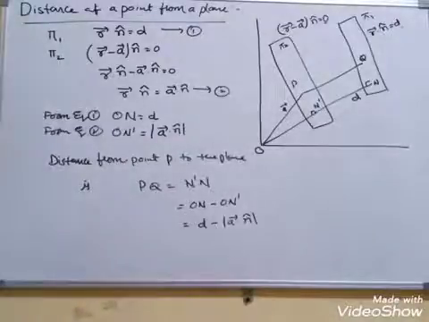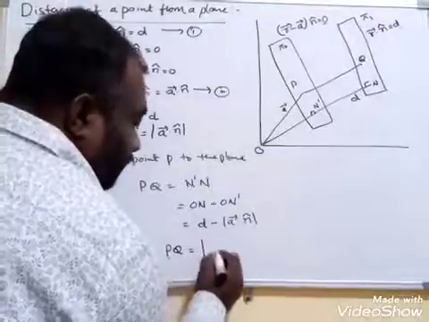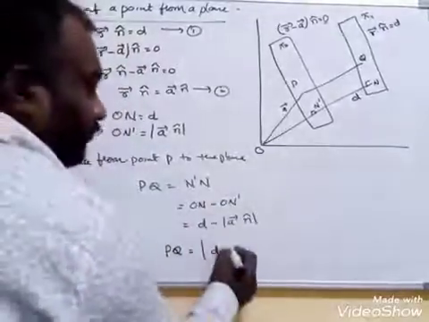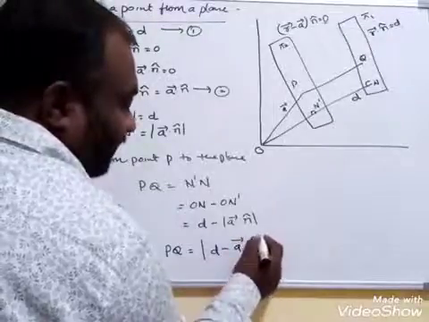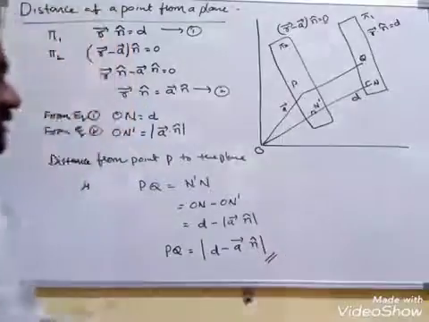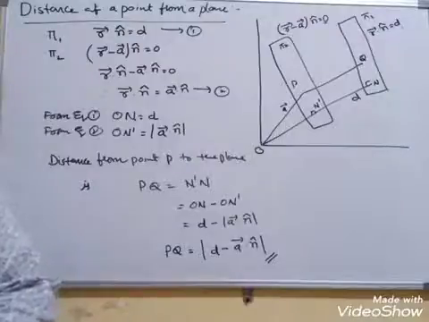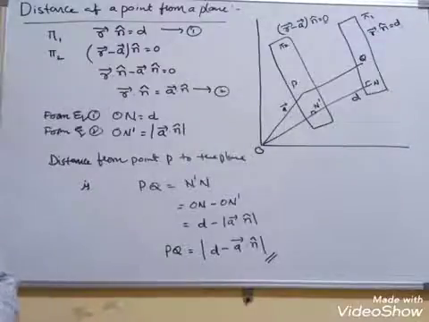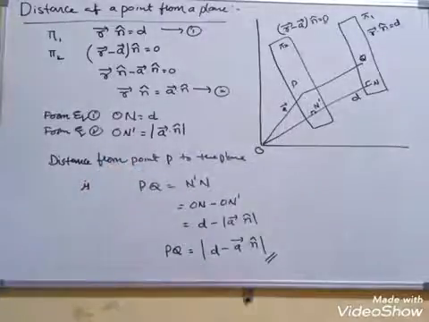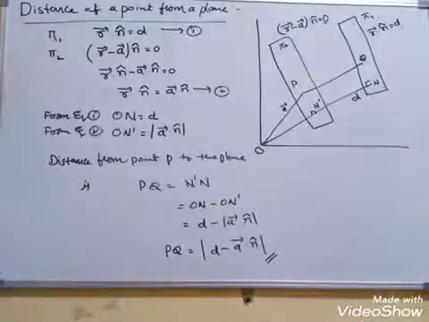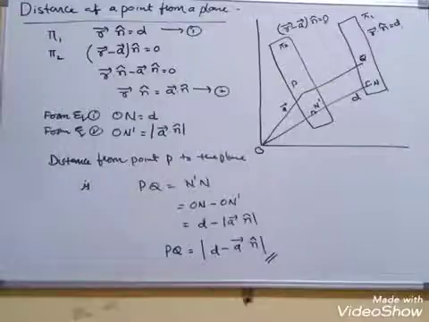It can be written as PQ is equal to D minus a bar dot n cap. Always distance should be positive. Finally, the required answer is ON, that is, the distance, always positive. So PQ is equal to D minus a bar dot n cap.